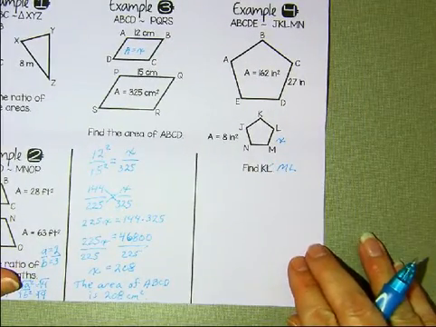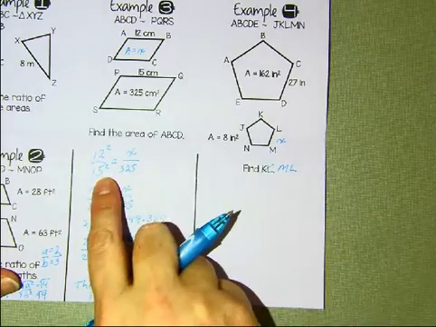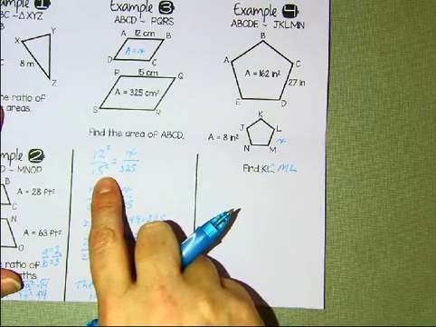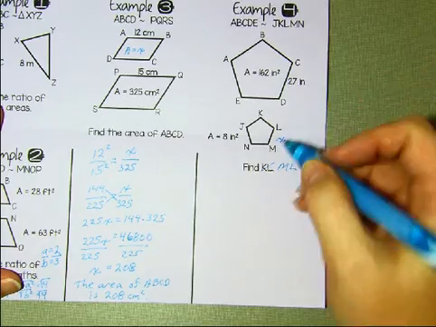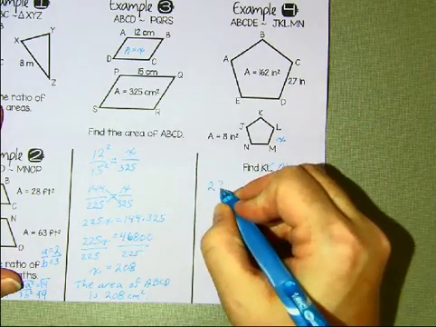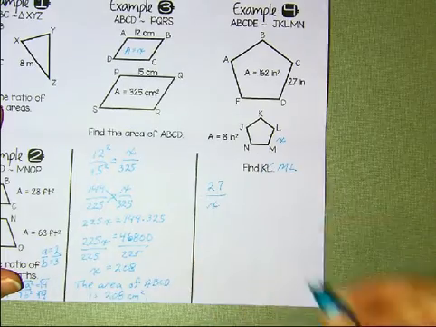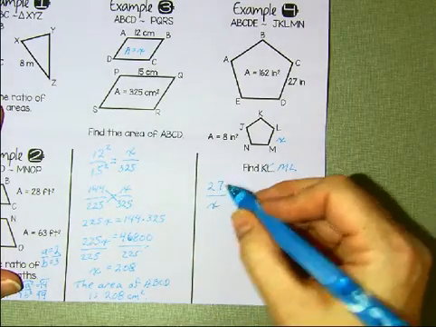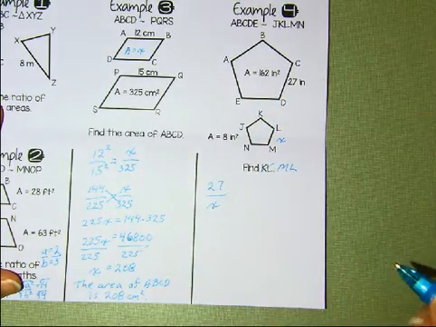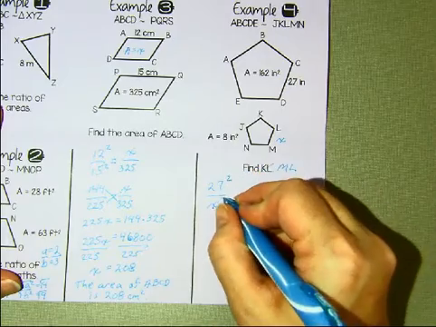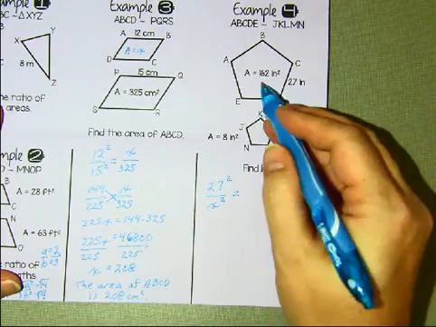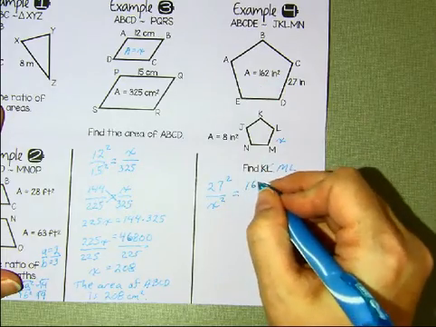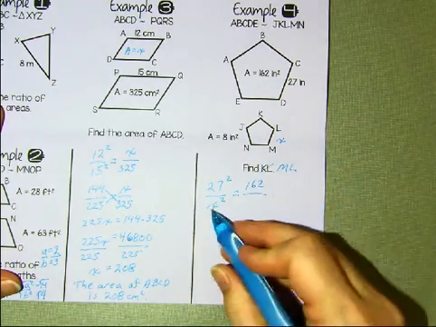All right, so for this one, we're going to do the same thing as what we were doing over here, but now we have a different missing piece. So I'm still going to start with my sides. I've got 27 over x. We have to square those since we're going to be setting it equal to areas. So 27 squared, x squared equals, with my 27 is the 162, and with my x is the 8.